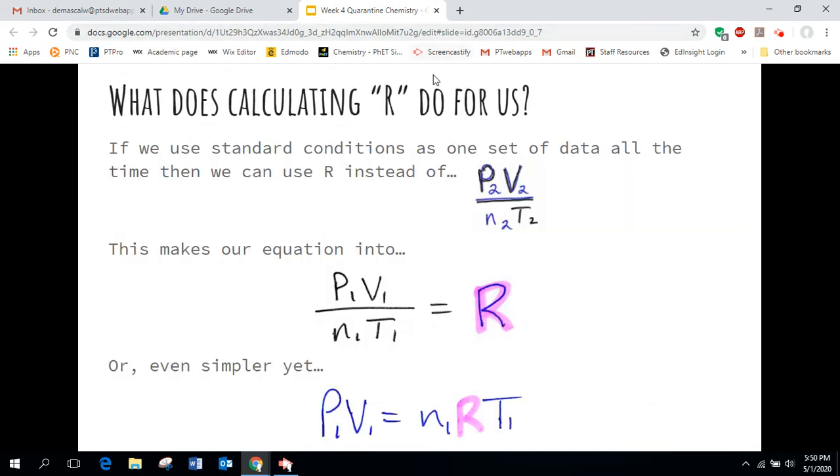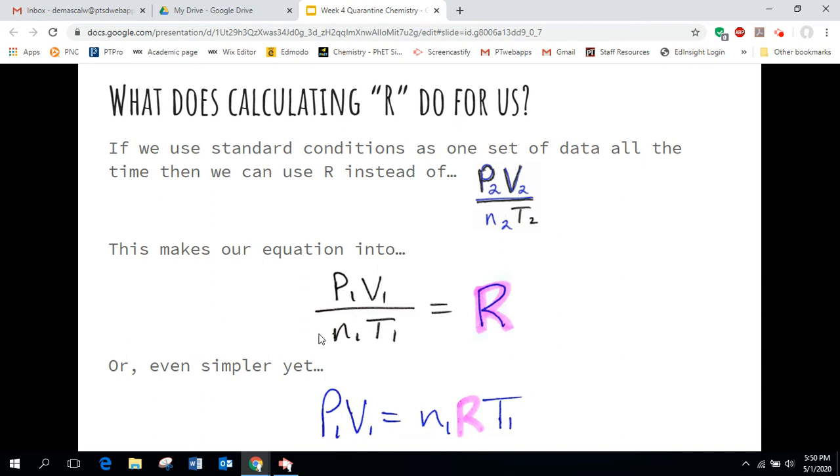Now, by calculating our R value, instead of writing out P1 V1 over N1 T1 equals P2 V2 over N2 T2, we can take that whole right side of the equation and just write R and use that 0.0821, 62.36, or the 8.314, depending on what pressure they gave us in the problem.